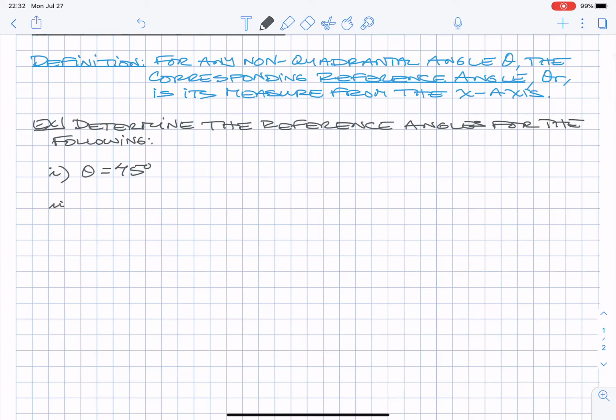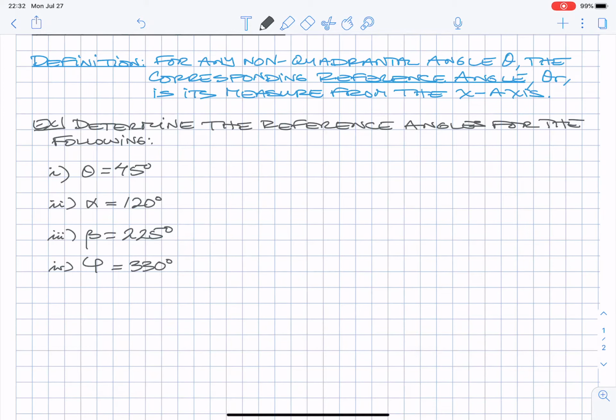Number two, let's have alpha is 120 degrees. Number three, let's have beta is equal to 225 degrees. And number four, let's have phi is going to be 330 degrees. That sounds good.